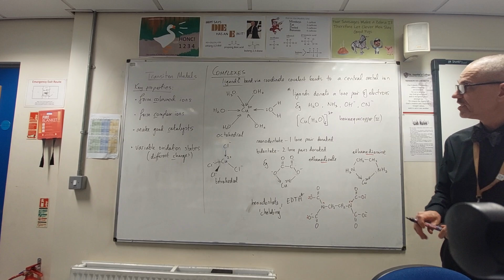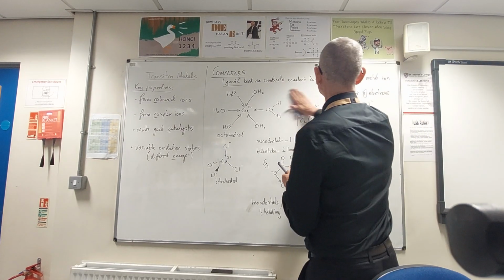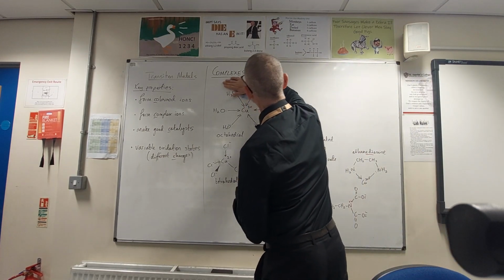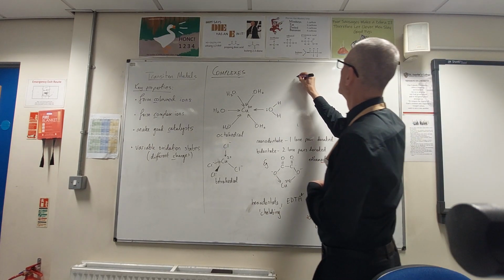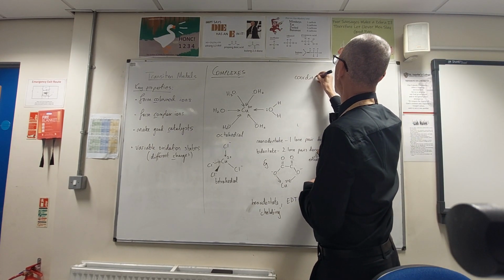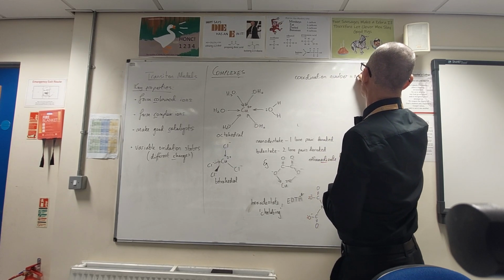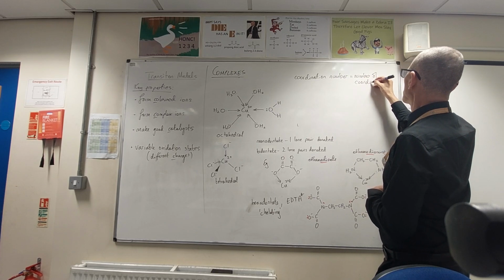A couple of other words that we need to know in relation to complexes. So we've already got the geometry, coordination number: how many bonds there are, the number of coordinate covalent bonds.